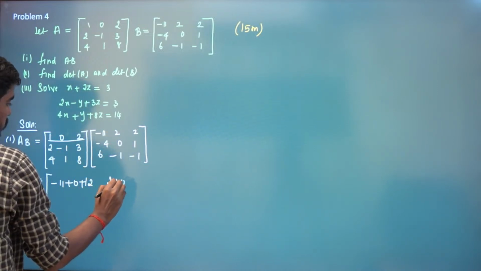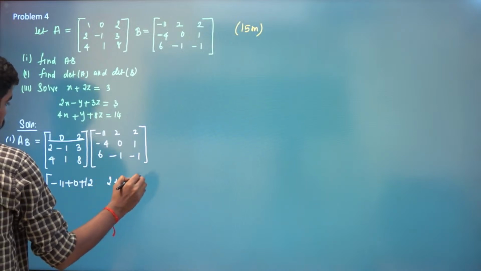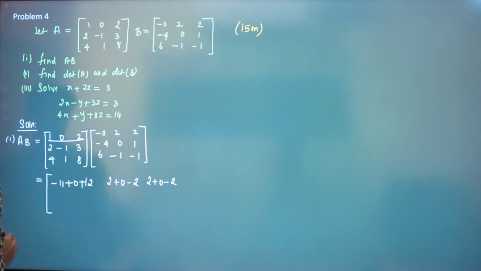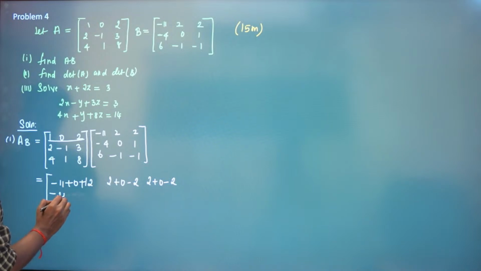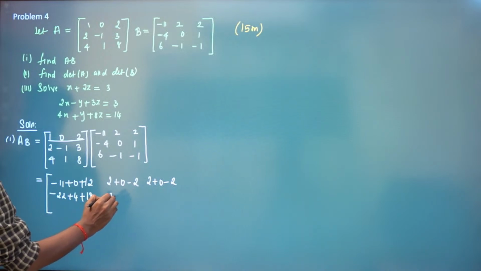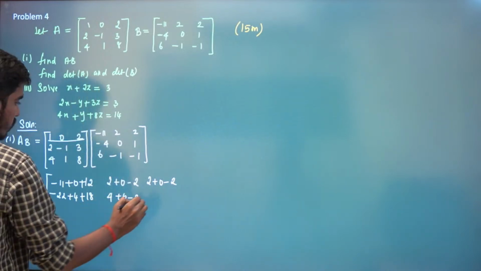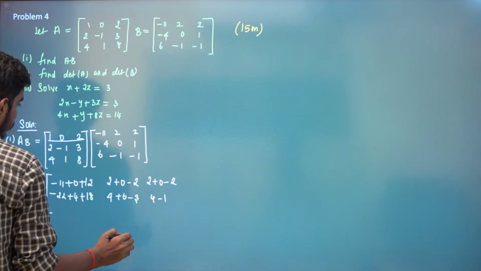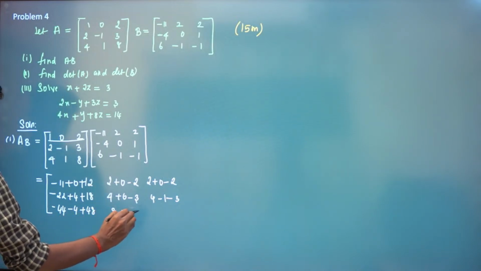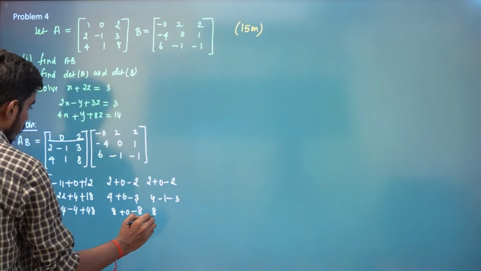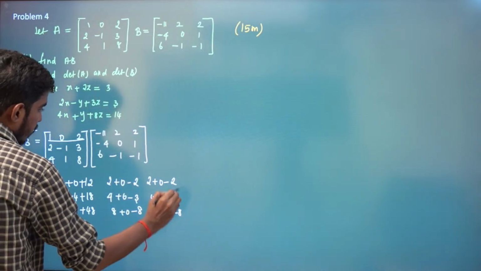So 2 plus 0 minus 2, 2 plus 0 minus 2, and then 2 into minus 11, minus 22 plus 4 plus 18, 4 plus 0 minus 3, 4 minus 1 minus 3, minus 44 minus 4 plus 48, 4 twos are 8 plus 0 minus 8, 8 plus 1 minus 8.